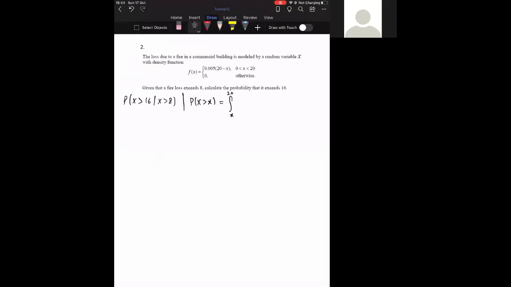And if we integrate our function using these limits, we get the following expression. This is a pretty simple integral, so I'm not going to go over how it's being computed.